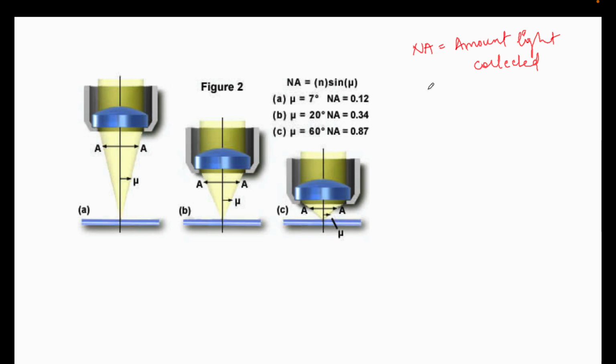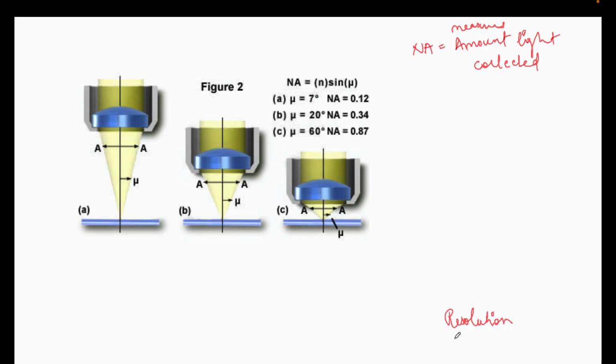So this numerical aperture mainly measures the amount of light. This is very important. If there is the maximum amount of light collected by the lens, we'll have more resolution.